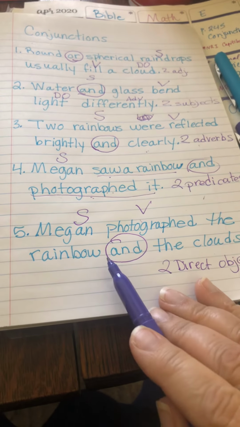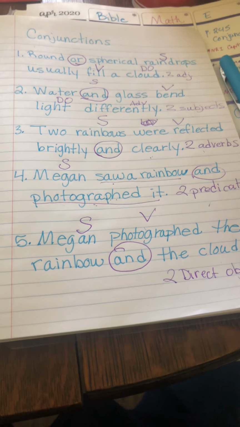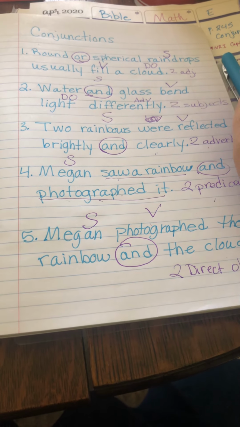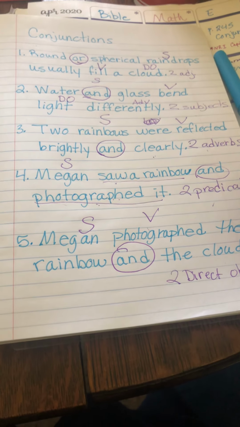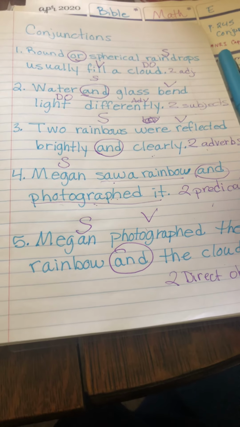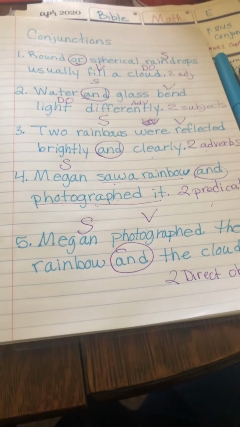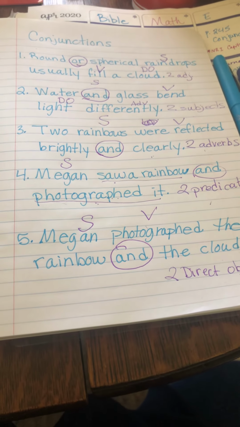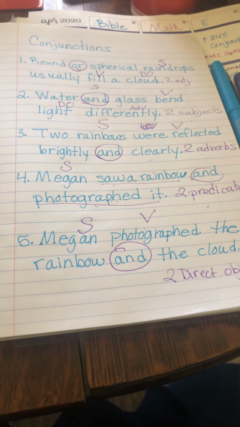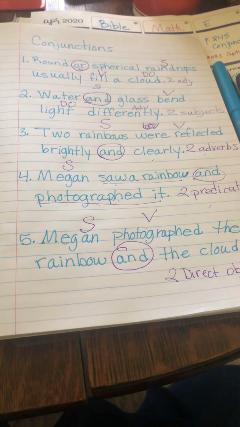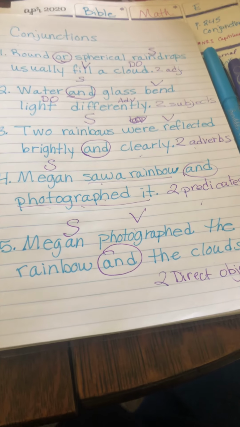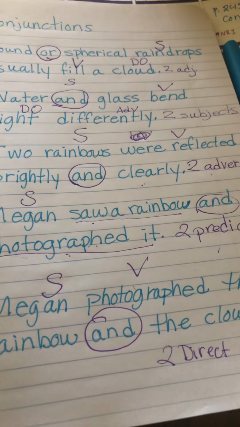That's two direct objects. And also remember, there are a series of words. That is another option that you'll have on your assignment. So two subjects, two predicates, two adjectives, two adverbs, two direct objects, and a series of words.